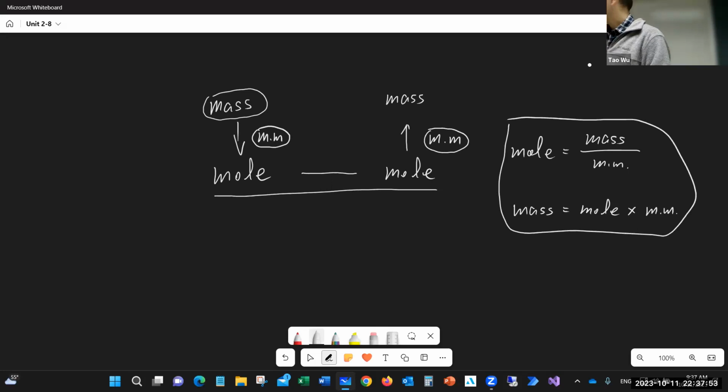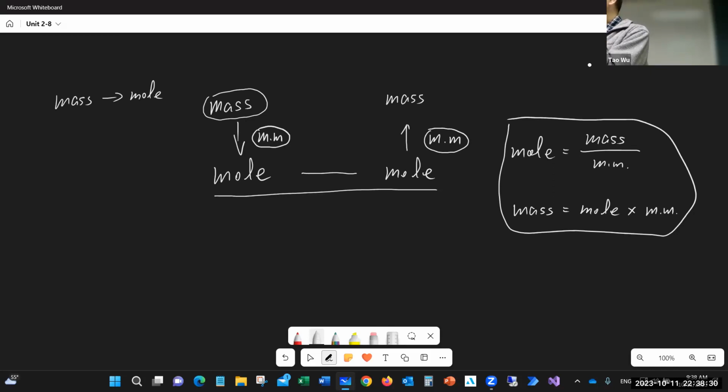Well, obviously there's another stoichiometry way that we haven't talked about. Remember, as long as we can figure out mole, we can solve the stoichiometry. We talked about this before. Do you still remember what things can also convert to mole? We know mass can convert to mole. And we also talked about one more thing that can convert to mole.